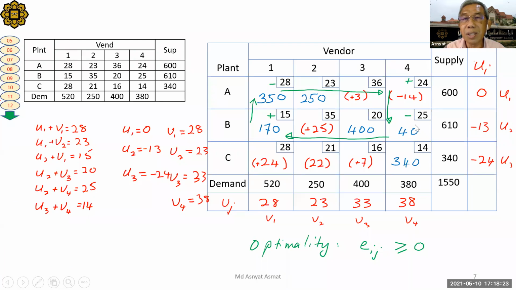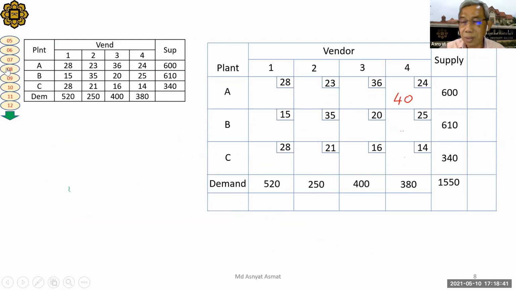Here, 40. Here, nothing. In this cell, we add 40 to 170. What do you get? 210. Right, 210 in your new tableau.